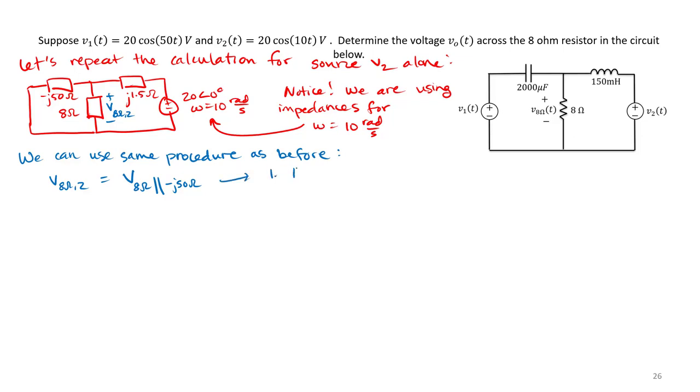So what we can do is first replace the negative J50 ohm and 8 ohm with an equivalent, and then we can use voltage division. So same procedure as before can be used to find the voltage across the 8 ohm resistor with source V2 alone.